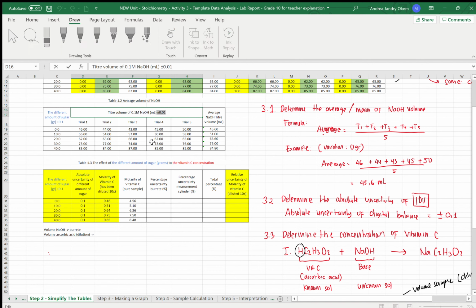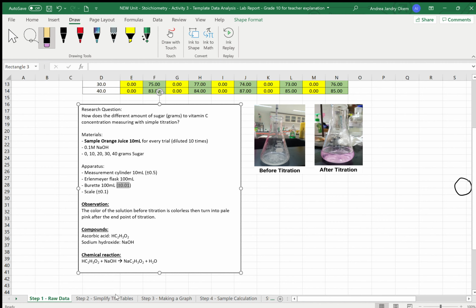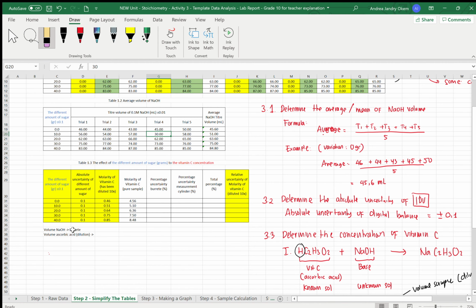I have already mentioned there that the burette has an absolute uncertainty of 0.01. So let's just put plus or minus 0.01.